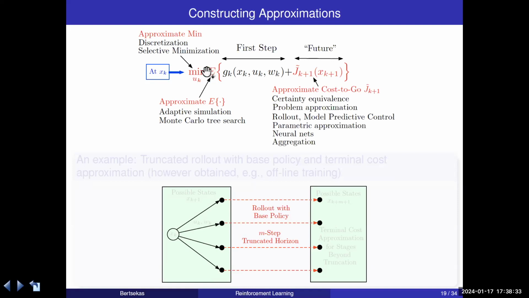And how do you decide? Well, you would want to do accurate Monte Carlo simulation for the most promising controls. For the ones that, based on a few samples, don't look very good, you don't want to bother with them too much. That's also the idea that underlies a popular approach in artificial intelligence called Monte Carlo tree search. Monte Carlo tree search is a form of adaptive simulation.